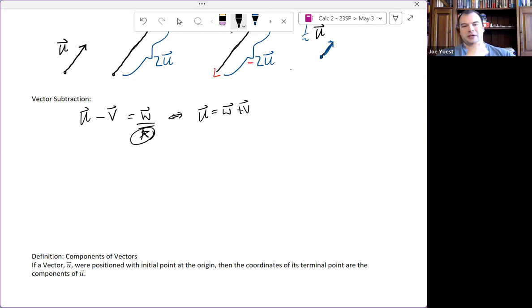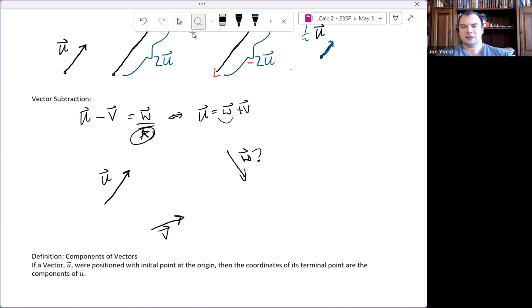So what does that tell me? If I have u bar, let's say it looks like this. And if I have v bar, let's say it looks like that. I want to find a w bar so that w bar plus v bar equals u bar.